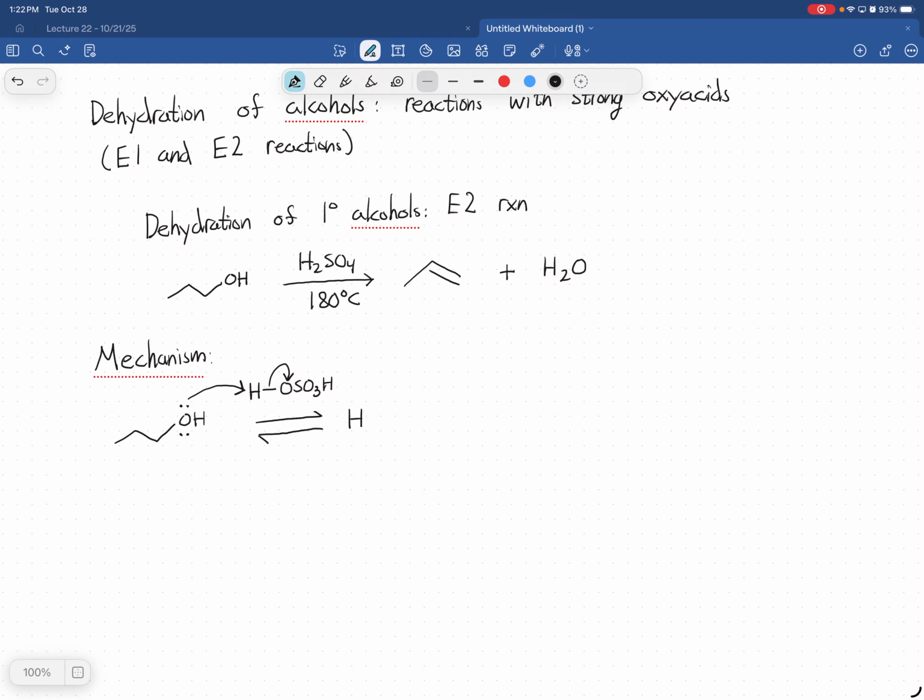So we get bisulfate as our conjugate base, SO4 minus, and then we get our intermediate oxonium ion, which is now a good leaving group. So now it can leave much easier than a hydroxide would because, sorry, let me just erase that. Only one lone pair now, so positive charge. Okay?